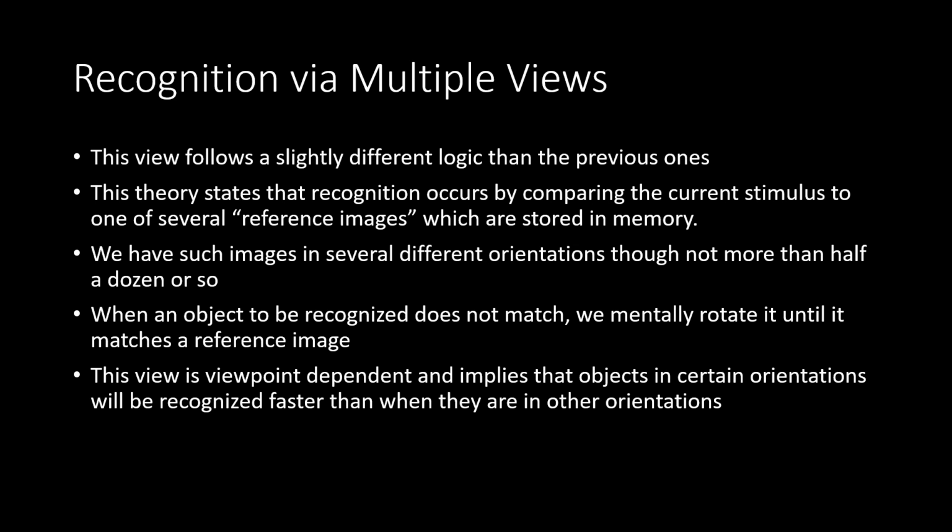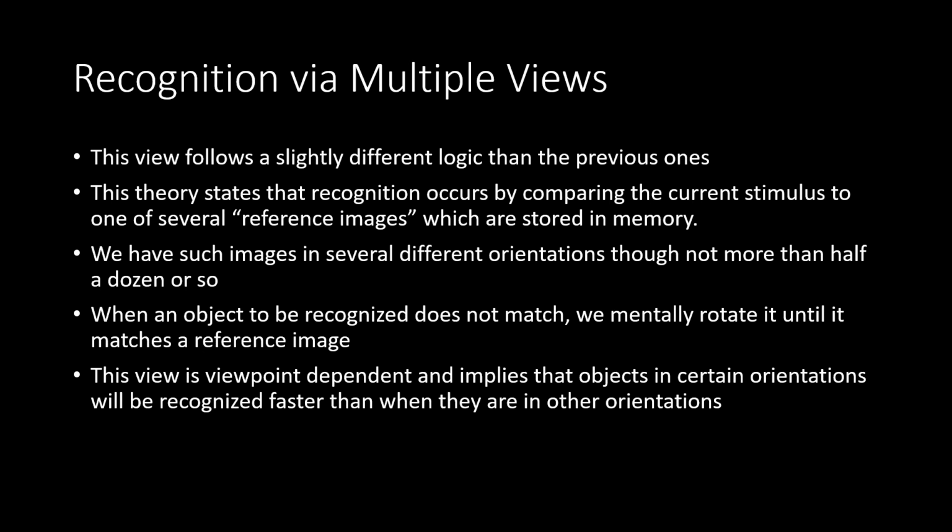So for example, imagine cat was the object you were trying to recognize. So you see a cat sitting somewhere. Now your reference images will include a set of images of a cat: a cat standing, a cat sitting, a cat lying down, a cat looking away from you, a cat looking towards you. These are the different, let's say, reference images that you have.